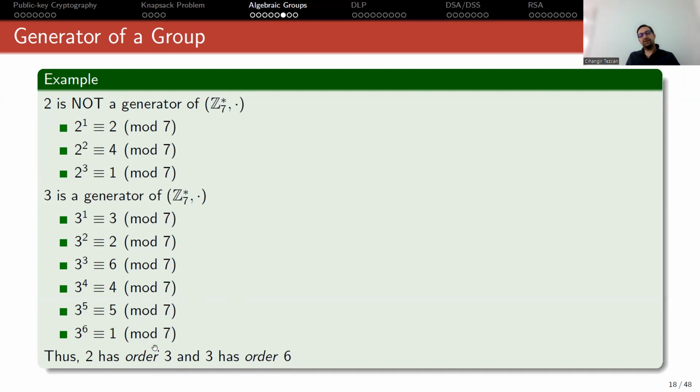This is not a coincidence that 3 divides 6, by the way. In our scenario, the group is Z7 star, which itself has 6 elements, so its order is 6. So any element that we use to generate elements is going to generate a number of elements that divides 6.